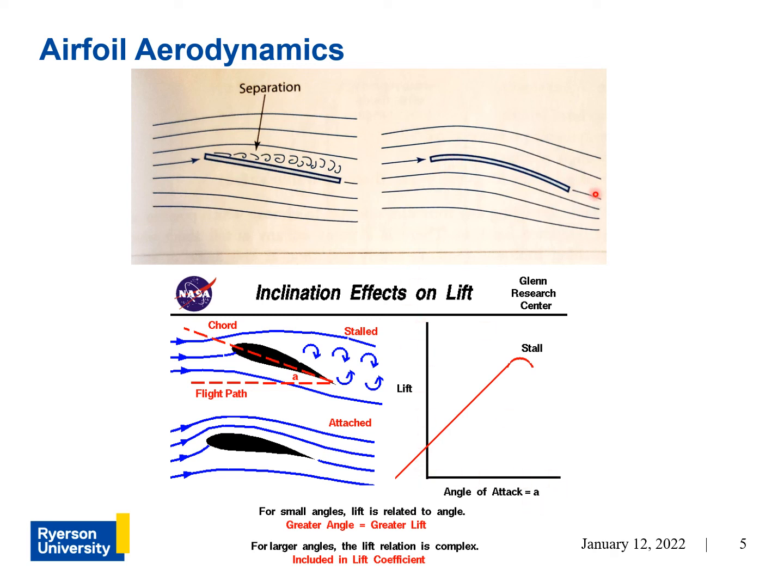Because it's cambered, at a zero angle of attack, it actually produces lift. And it will take the angle of attack being negative for it to produce zero lift, right? So for cambered airfoils, the angle of attack needs to be negative to produce zero lift.